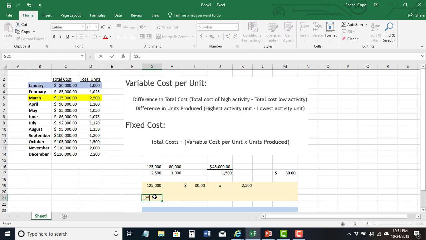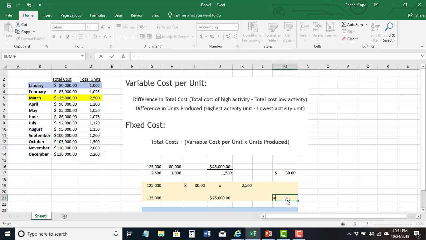So let's just pull that down a little bit. So 125,000 is this total cost minus the variable cost per unit times units produced. So 30 times 2,500 gives us 75,000.